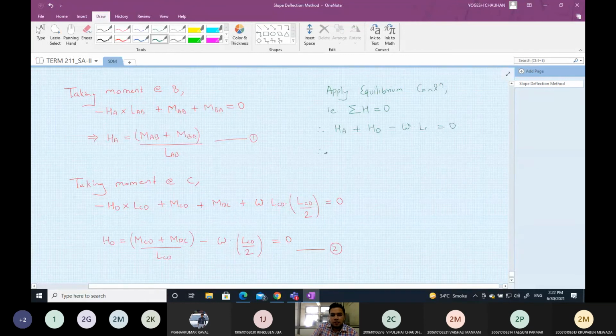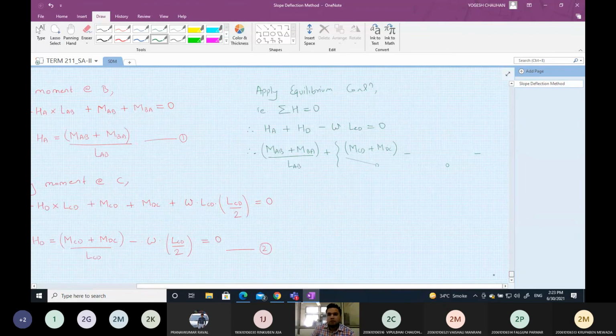So now substituting the values of HA and HD, it will be MAB plus MBA divided by LAB plus MCD plus MDC divided by LCD minus WLCD by 2 minus WLCD.